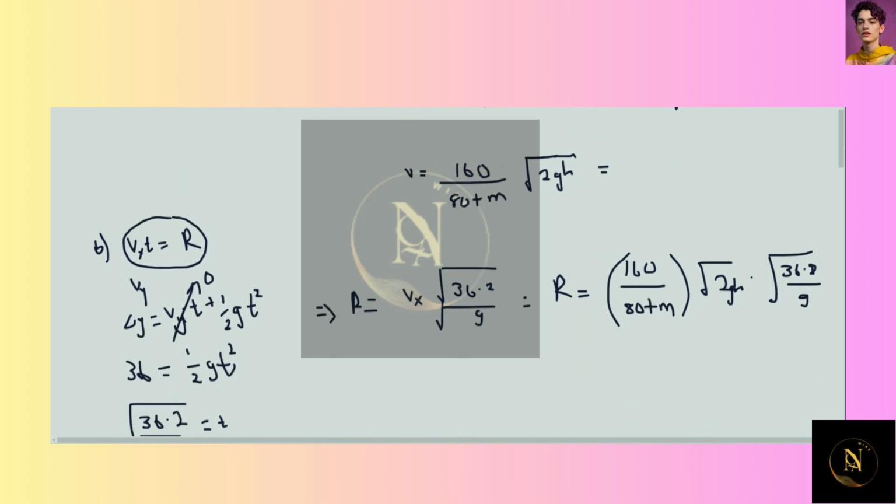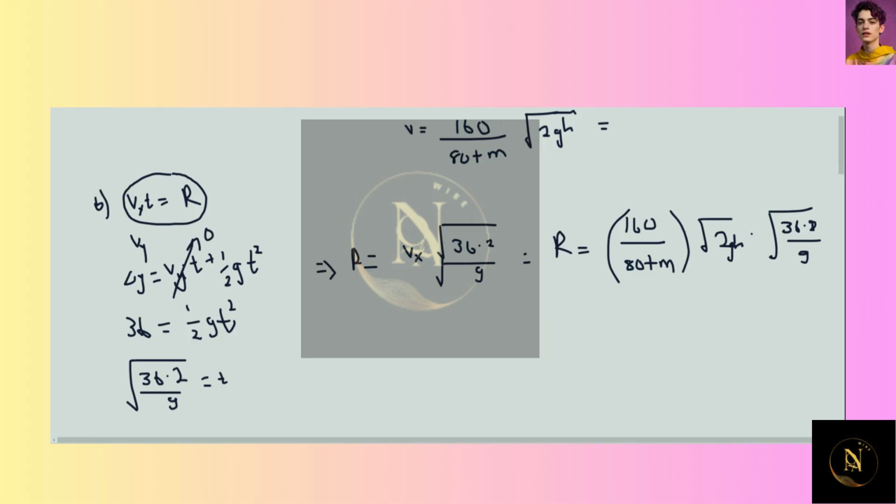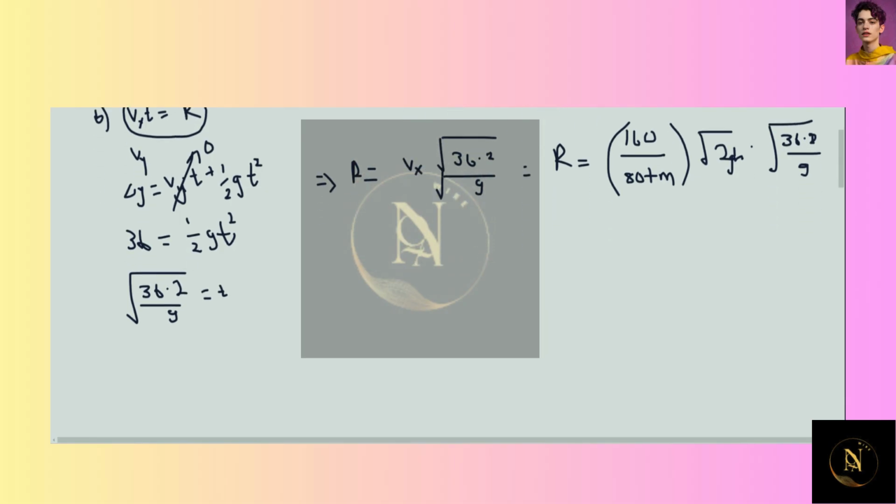Then the next thing they ask you is to show that your range does not depend on the gravitational acceleration. In this case, we already have an expression for the range, but notice that I can write it like this, right? I can write it 160 over 80 plus m.